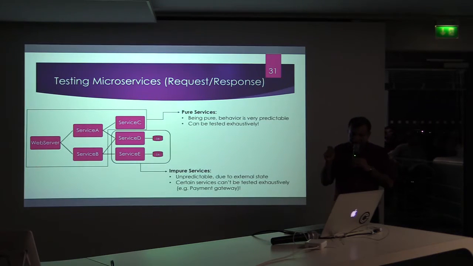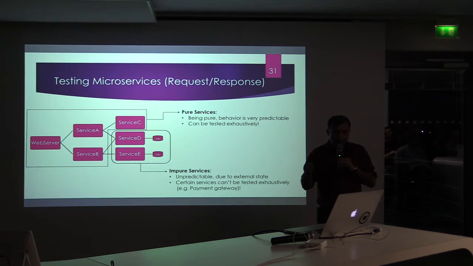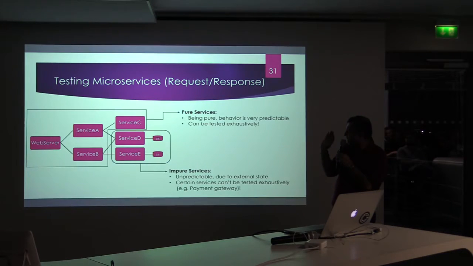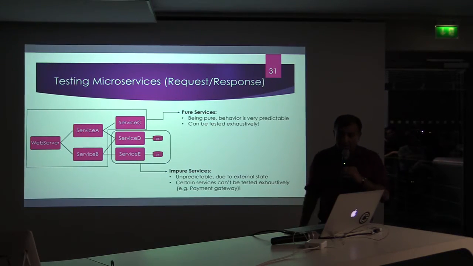But as a skilled programmer, what you usually tend to do is separate the pure part from the impure part and keep as little functionality as possible in the impure part. Your impure part should just be basic I/O, right? So as much as possible, keep your code in the pure services because they are highly testable.